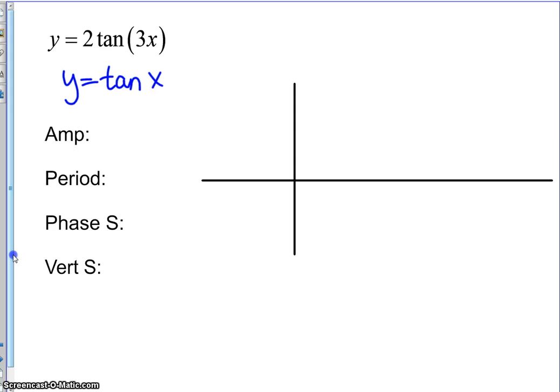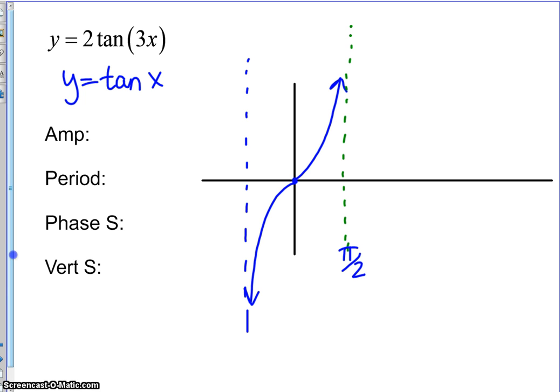So usually our tangent of x starts at 0, and then goes up like this, and it has an asymptote here. It's undefined at 90 degrees, which is pi over 2. A lot of times it's just easier to show it between pi over 2 and negative pi over 2, because it's easier to show the whole curve.